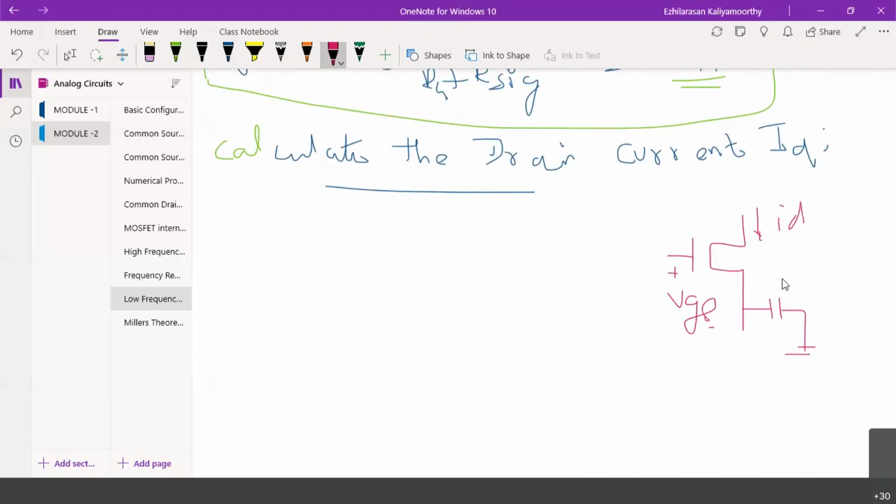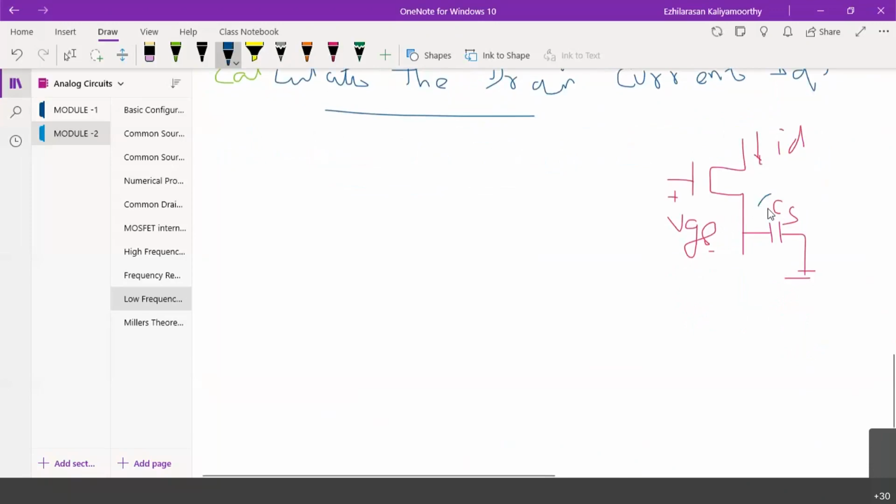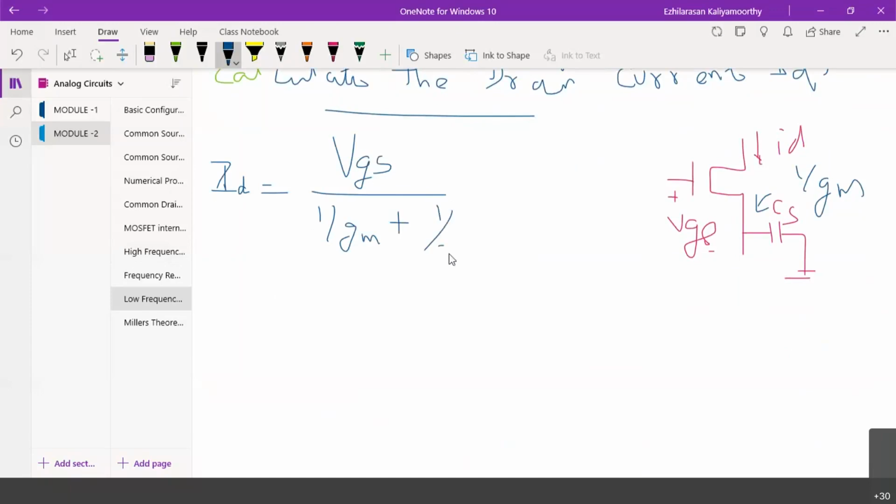ID is nothing but VGS, but here you have to think in the small signal model, where we have 1 by Gm. So now I will get ID is equal to VGS divided by 1 by Gm plus 1 by SCS. So this is expression number 4.